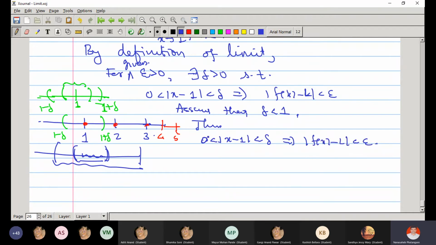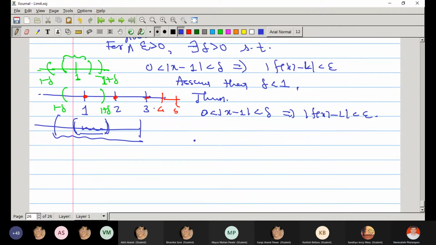So the last sentence is clear. Any ambiguity? Yes, sir. Fine. Now that means if x belongs to the deleted delta neighborhood of 1, then the distance of f(x) from L is less than epsilon. Now you tell me what are the possible x in this delta neighborhood of 1 which are in the domain?